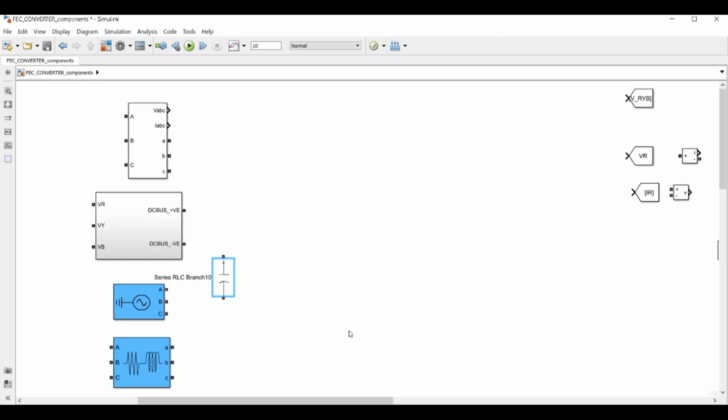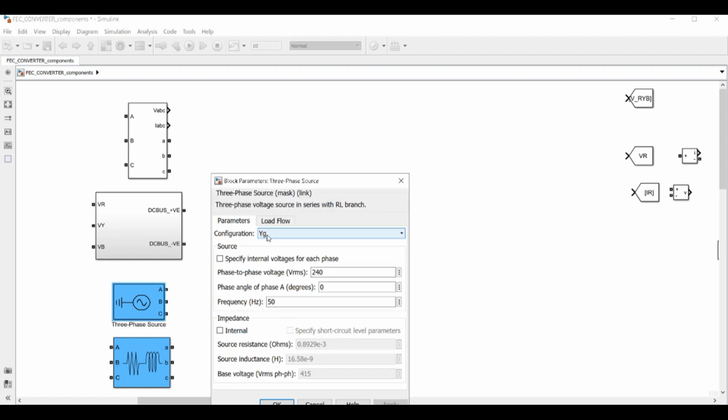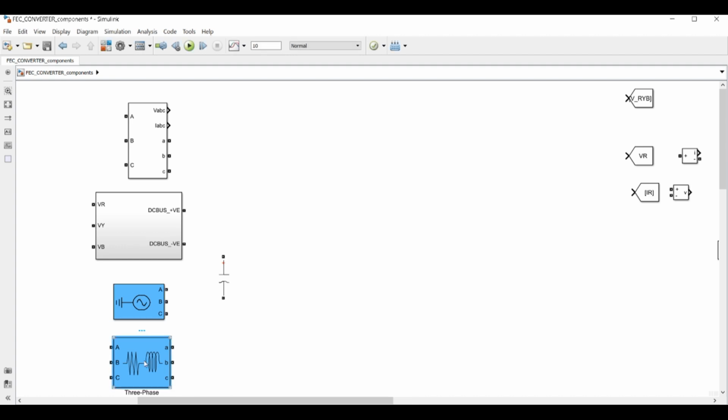We shall now make the power circuit. For making the power circuit, we require this VSI that we have made earlier, and a 3-phase AC source. This is star to ground, and the phase voltage is 240 volt, 50 hertz, and this is the RL load.